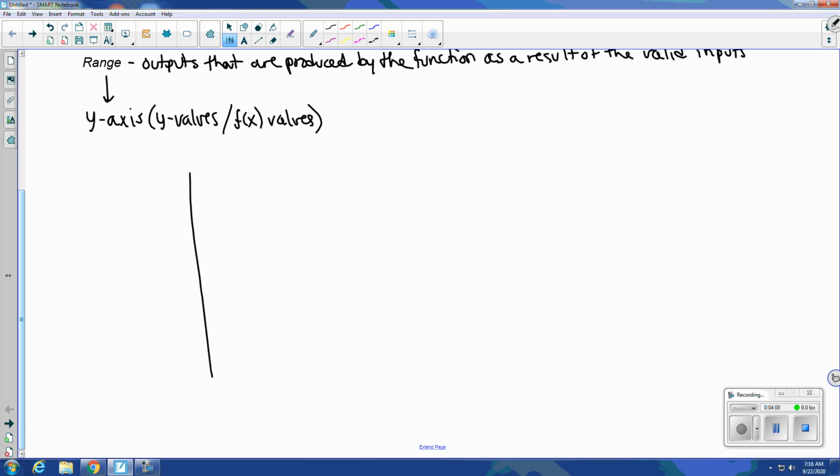We may have a graph where we just have a bunch of points. So let's say we have some points, and we want to list the domain and range.